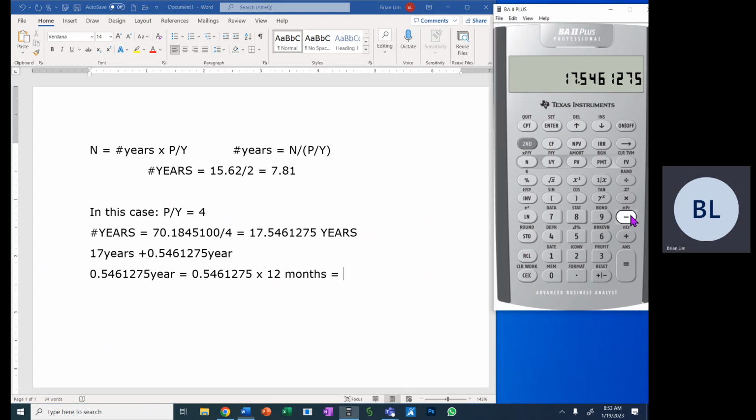So we subtract 17 from this. That's the whole number part. We're left with the decimal part, and that we multiply by 12. And that will give us a number of months. Any part of a month, we have to round up. So if we were keeping 2 decimals, let's say 5, and then we put in some dots, those are months. That would now be equal to 7 months.